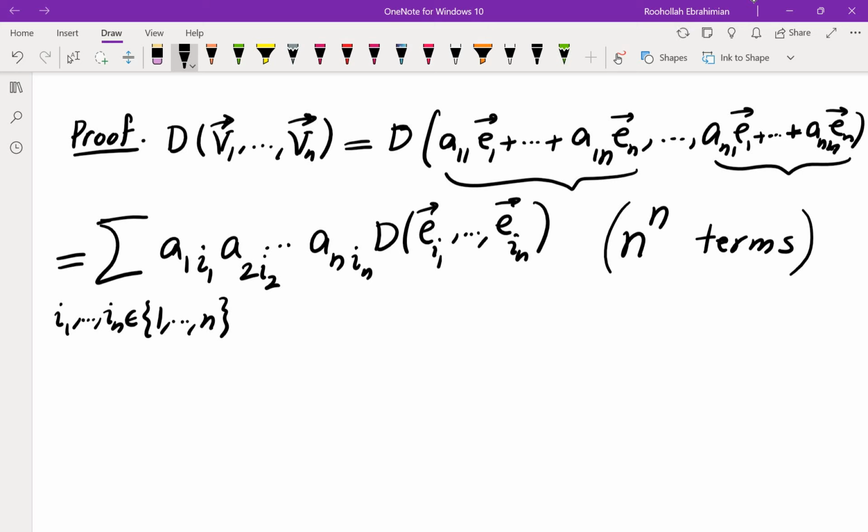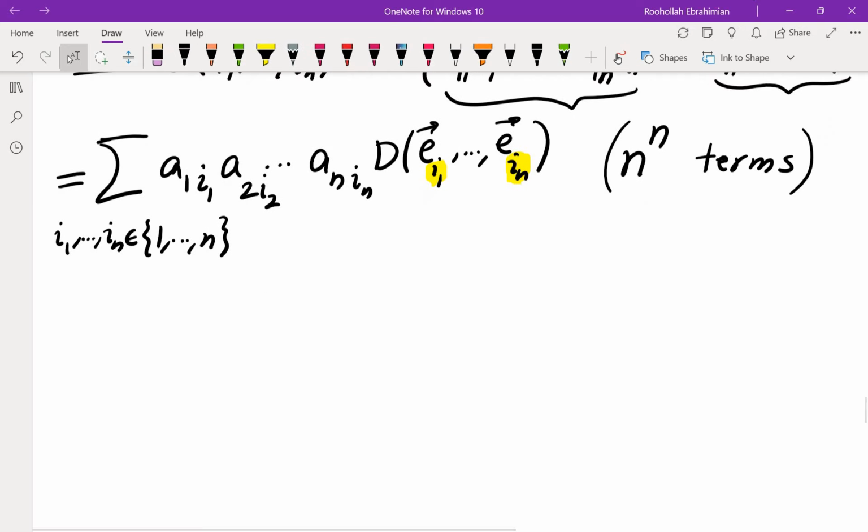Now, whenever I1 and I2 are the same, you will have a d that is completely zero. So anytime that two of these indices, I1 through In, are the same, d would be 0 because it is alternating. So what is left? What is left is the cases where I1 through In are distinct. What does that mean? It means they are a permutation.